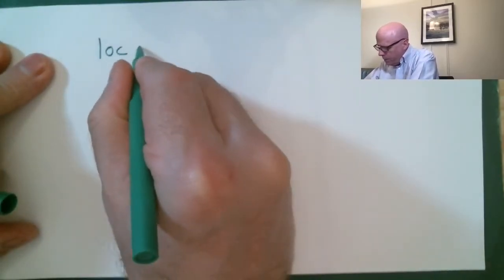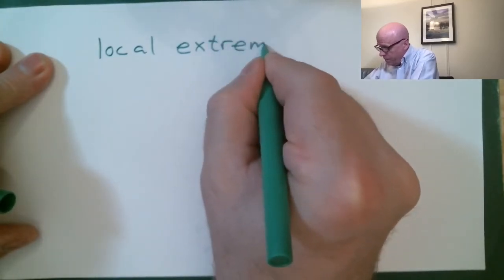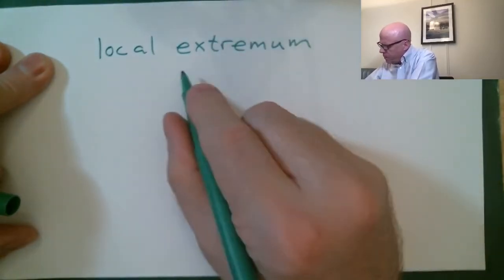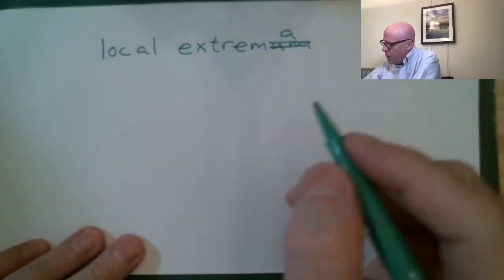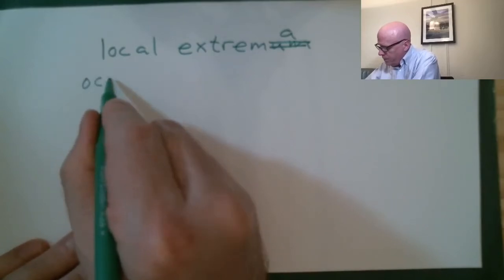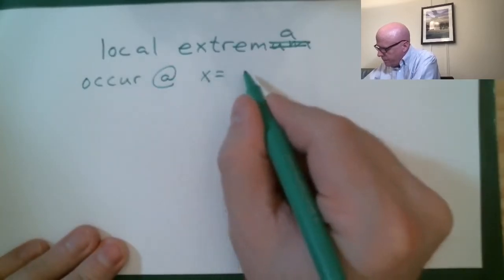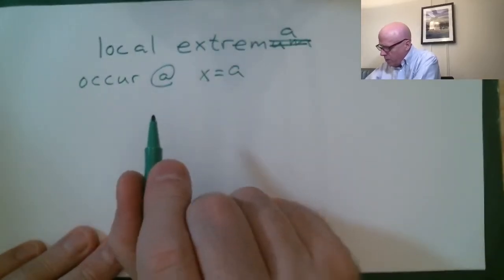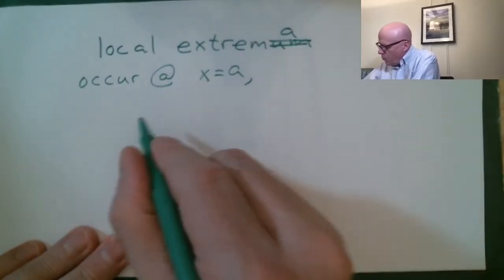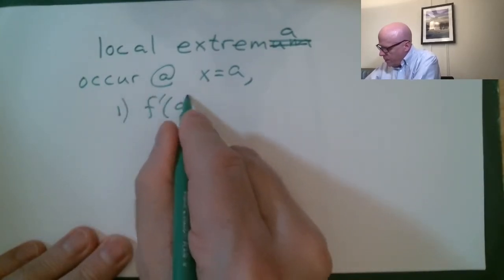Local extrema occur in sort of two ways. Whoops, I meant to say extrema, because I'm talking the plural here. Local extrema occur basically at places, we'll call A again, like they did in the book, at a value A such that f prime at A is 0.